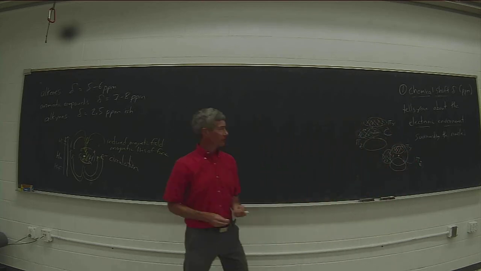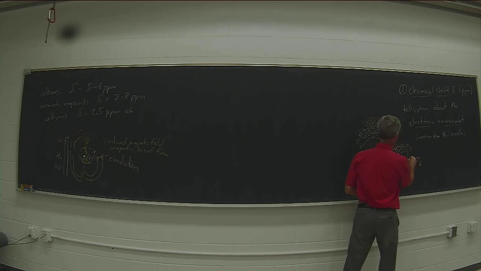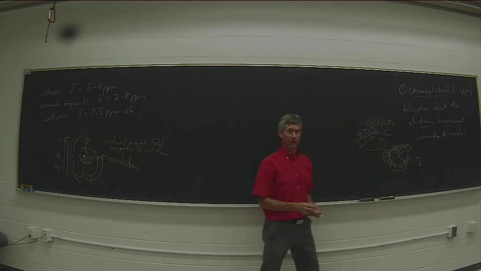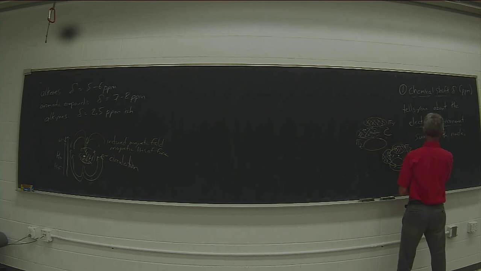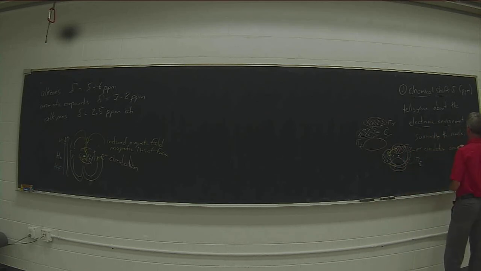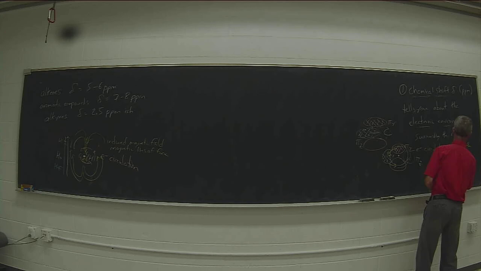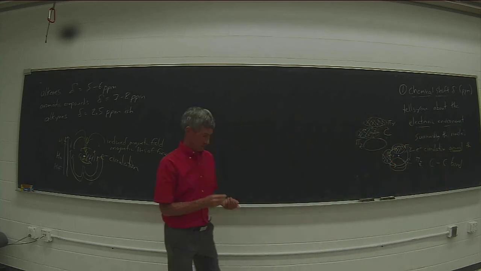As a result, electrons can move from one pi orbital to the other pi orbital, those are degenerate, and we can actually get electron circulation not above and below the carbon-carbon bond, but around the carbon-carbon bond.